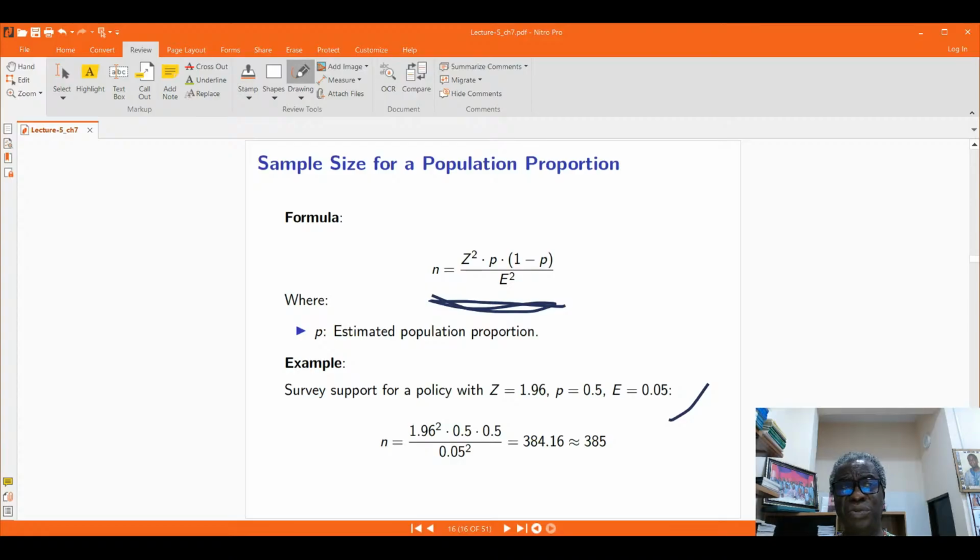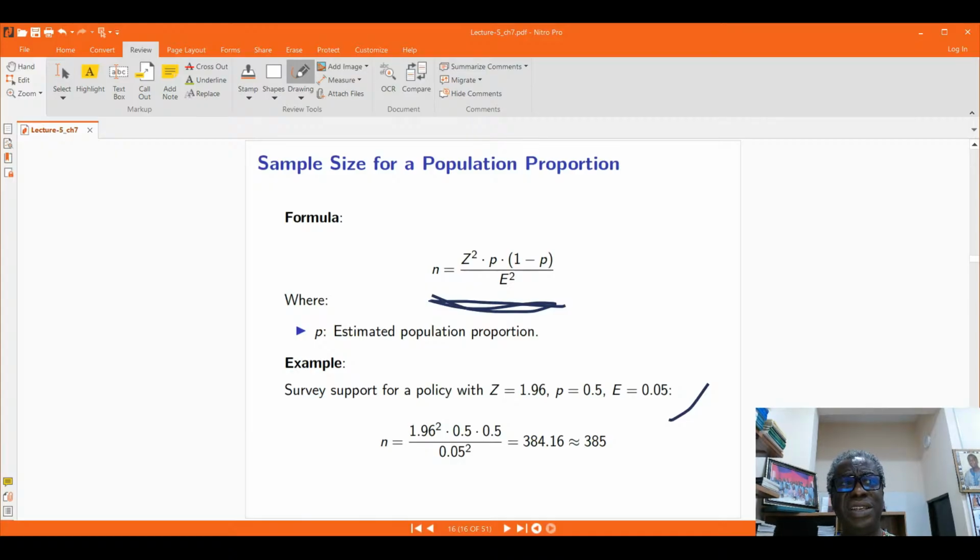So maybe the population is the citizens in the country, or the population of students or whatever, and you want to estimate what proportion of the population support the policy.